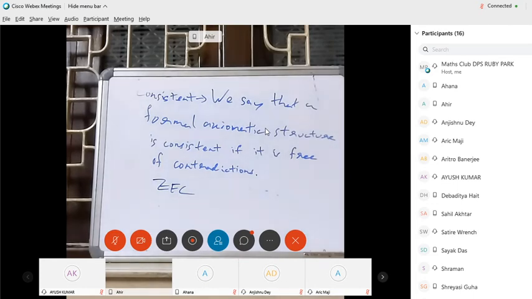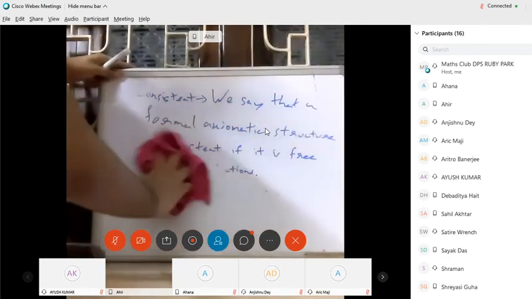If you remove any of these axioms, the entire structure crumbles.